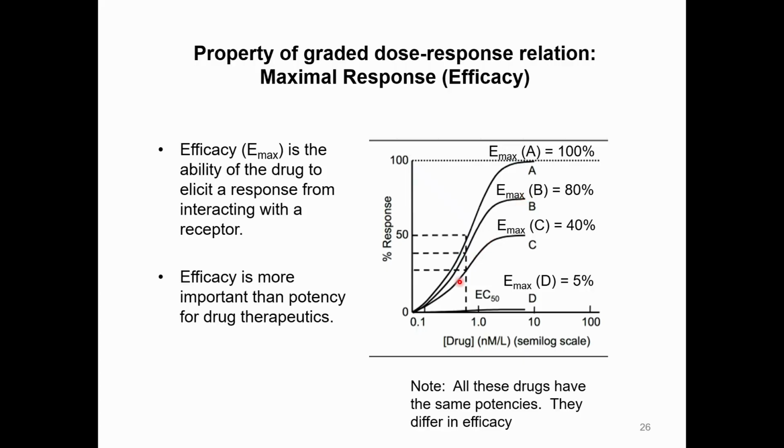But even though they have the same potencies essentially, A is a clear winner in terms of efficacy. So once again, it's another illustration of why efficacy usually drives the prescribing, or the choice of which drug to use, as opposed to potency.